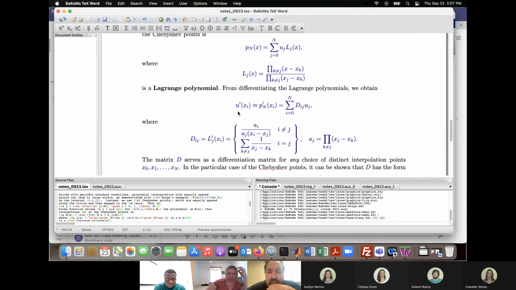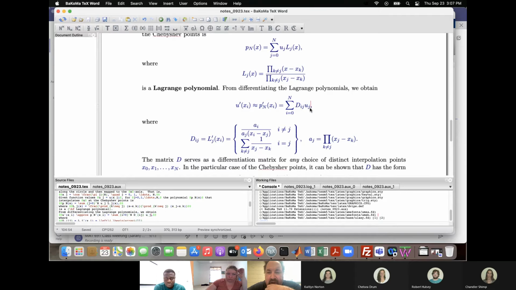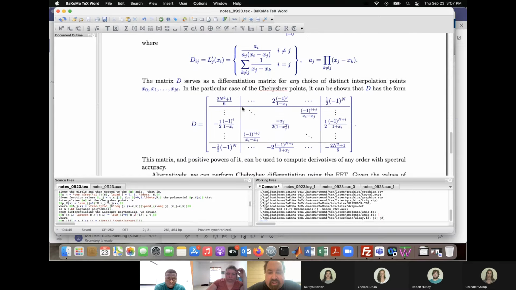The derivative of u at x_i is equal to the ith element of this matrix vector product. So just as I had a differentiation matrix in the periodic case that had all those cotangents, this is a differentiation matrix for Chebyshev interpolation. And the matrix turns out to be this.